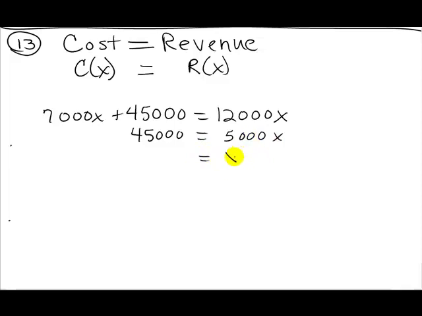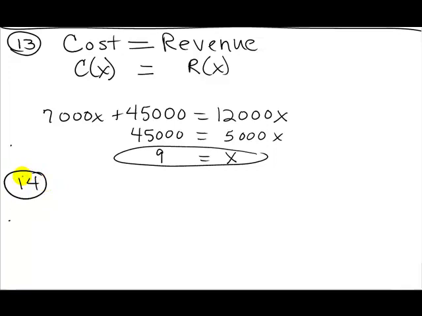Divide by the 5,000, and x is going to equal 9. And we're only going to be getting one answer for these. Okay? So I want you to do 14 for practice. So go ahead and start that, and then come back and check it after you've worked it.